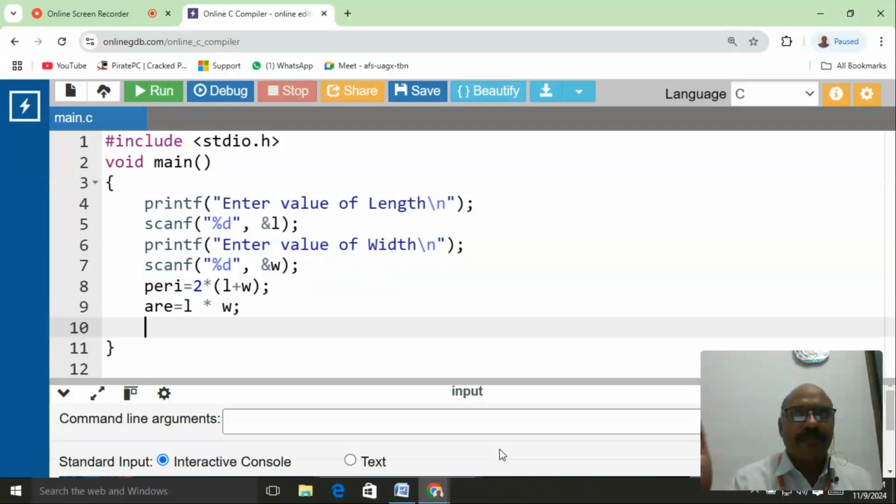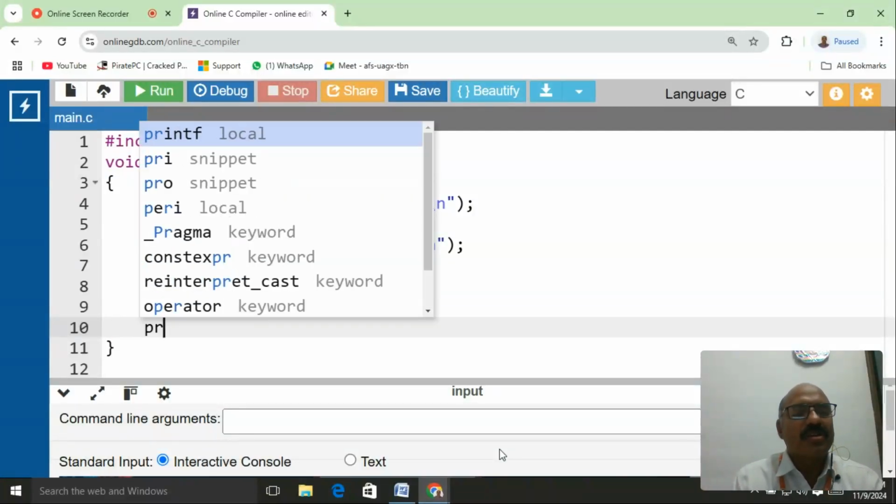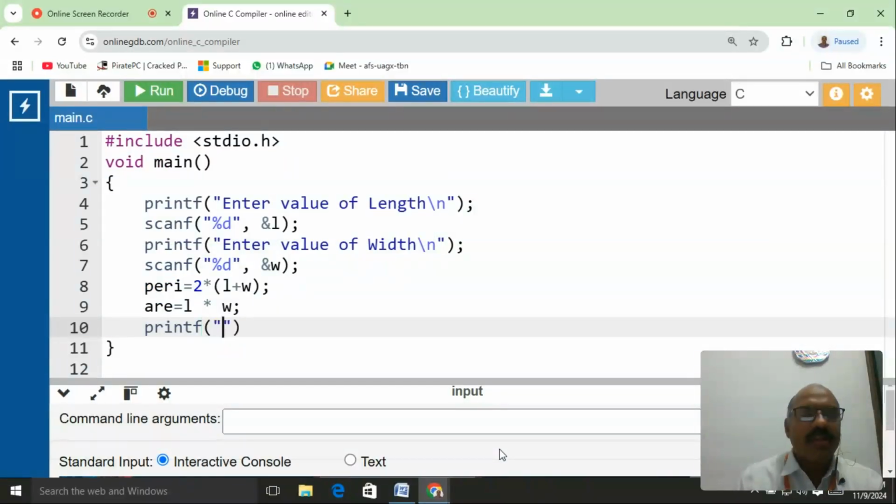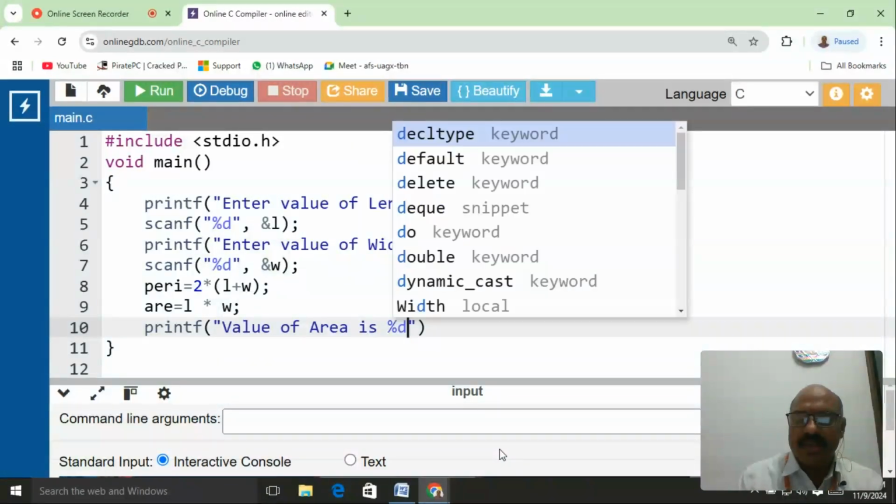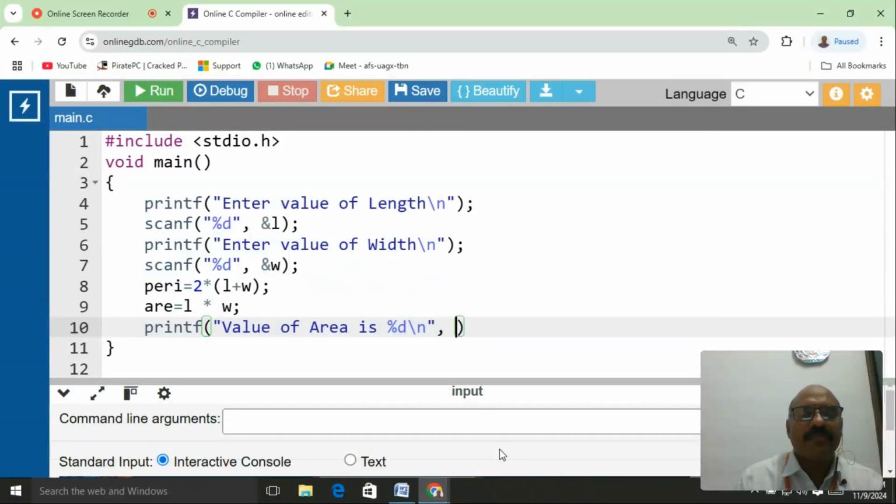Now I am going to type the area output. So the output function printf, value of rectangle area in percentage d backslash n.